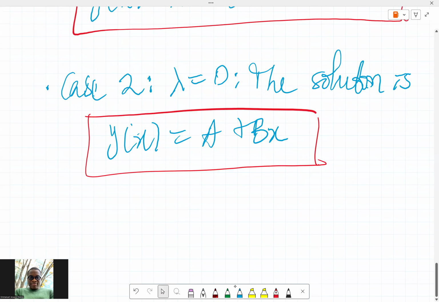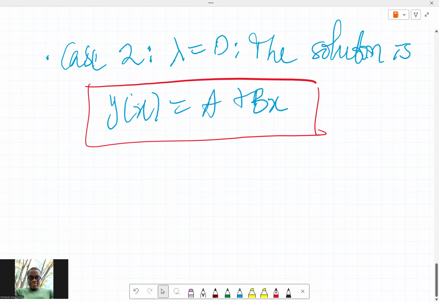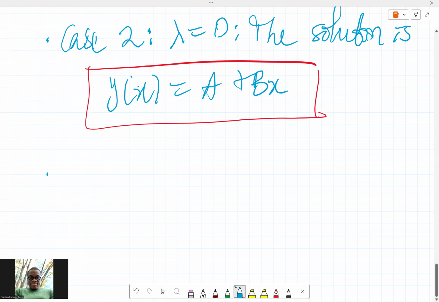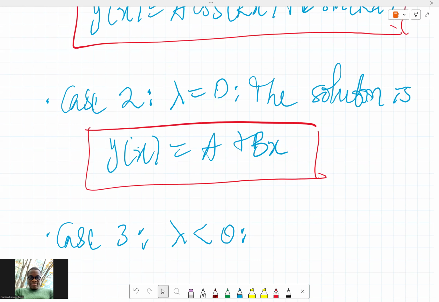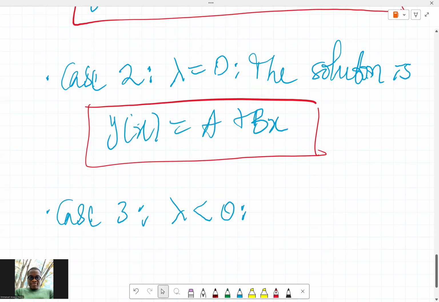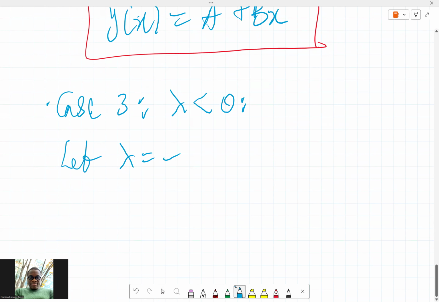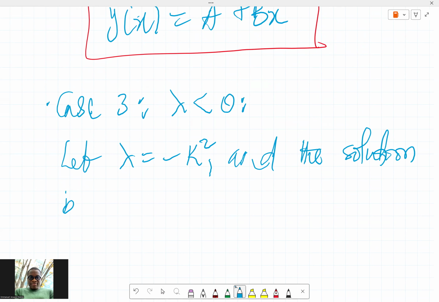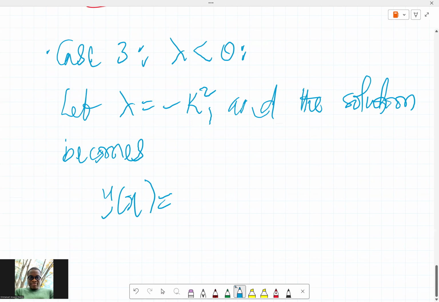And we have case 3. If lambda is less than 0, in that case we say let lambda be equal to minus k squared, and the solution becomes y of x equals a e raised to power kx plus b e raised to power minus kx.